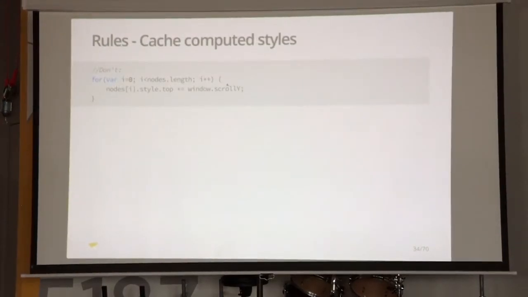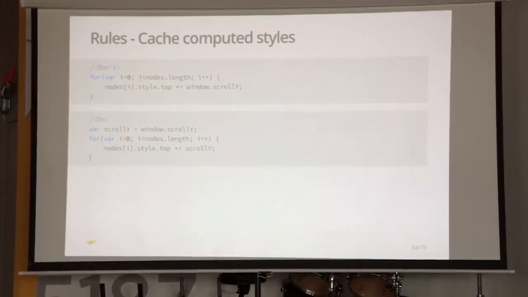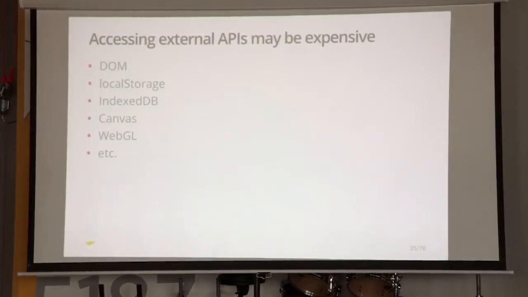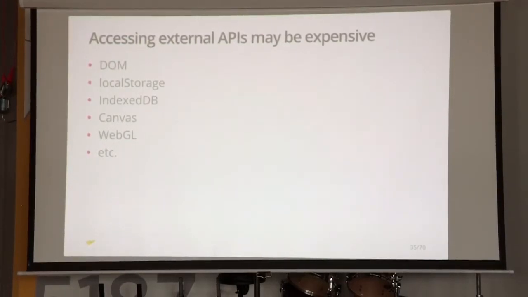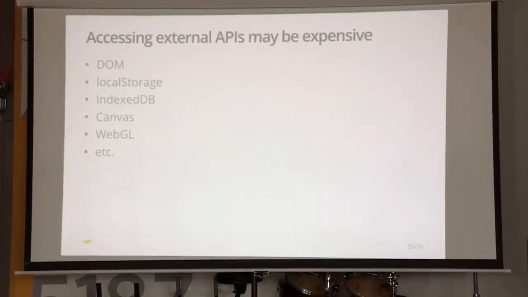Accessing computed styles like window scroll is a bit expensive, so you want to cache that and then access it from the cached version. So all in all, these APIs, one of them is the DOM, but other APIs as well, take time to access. So if you can, don't access them, but you can't really do a lot without accessing the DOM.